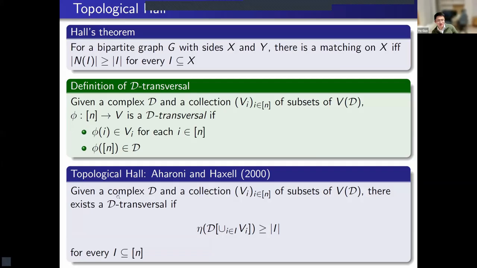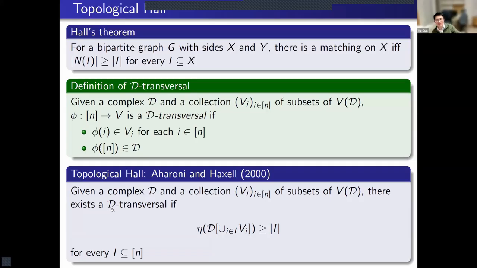They prove that if you have a complex D and a collection of subsets of the vertex set of D, then a sufficient condition for a D-transversal to exist is that for any subset of your index set, if you take the union of the vertex subsets on this index set and D induced on them, then the connectivity should be at least the size of your index set. If this condition holds, then the topological Hall theorem proves that there exists a D-transversal.